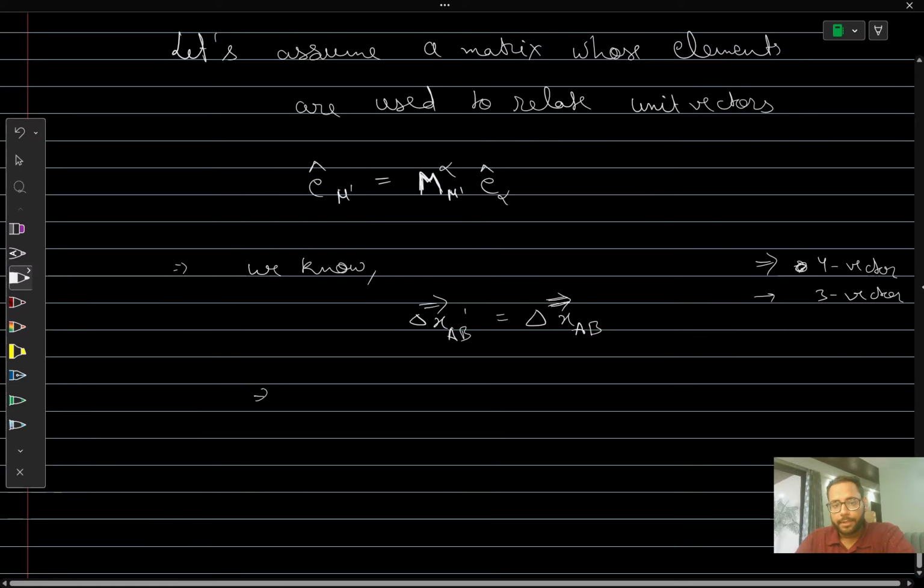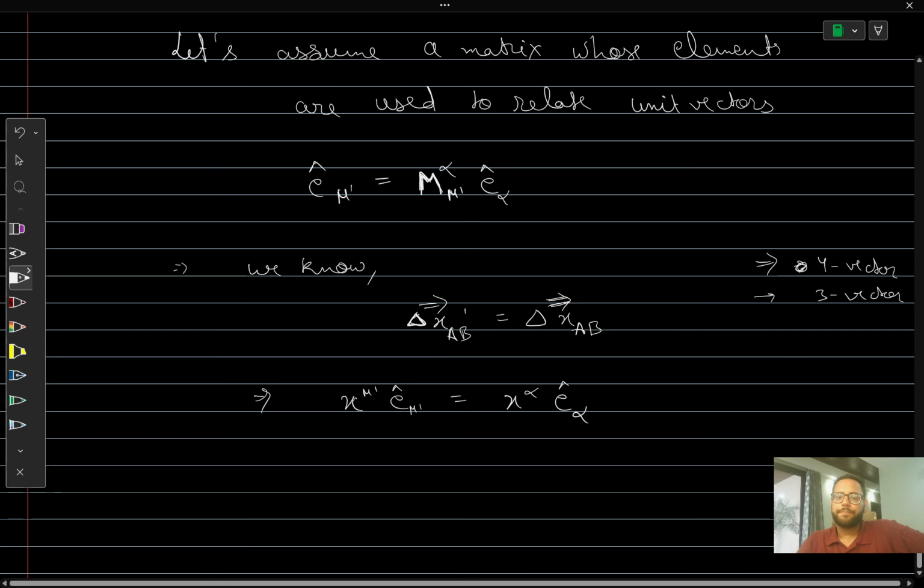So I can write like this in primed. Let's write its component like this only. I was writing this d to represent the displacement, but its component can be written simply as this, and this can be written as this, of course.